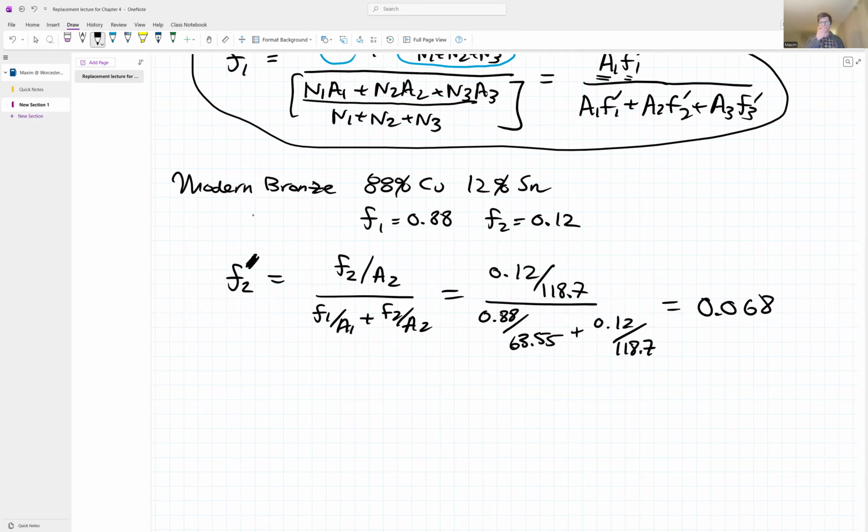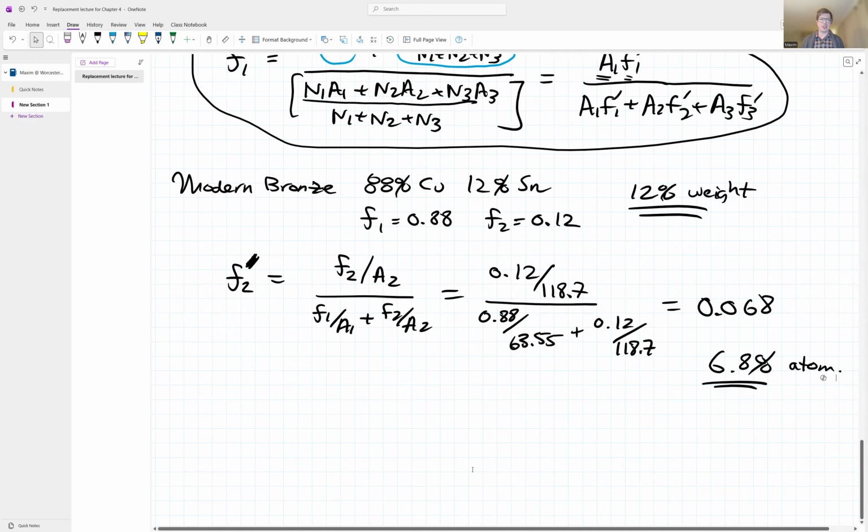So that's actually 6.8% as opposed to 12% by weight. So it's 12% by weight and, you know, almost half that by atom. So far fewer tin atoms than you would expect by weight.